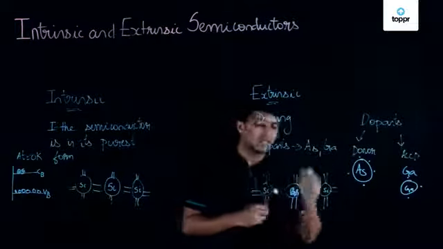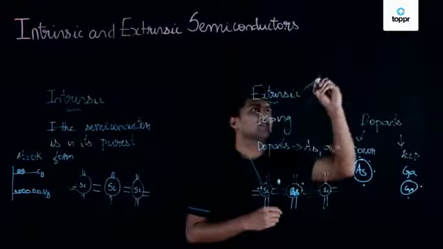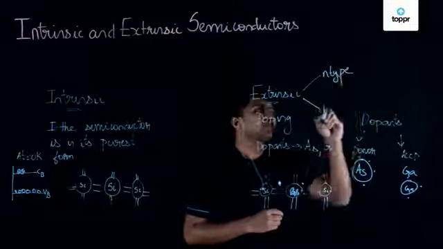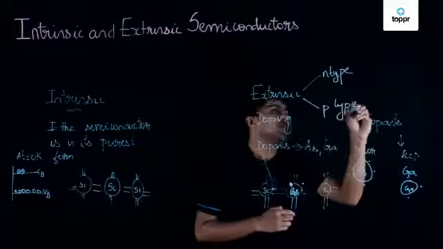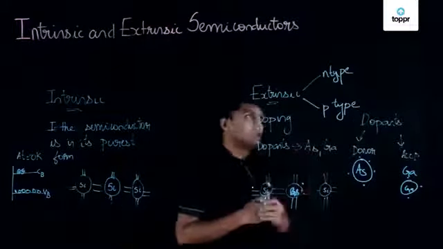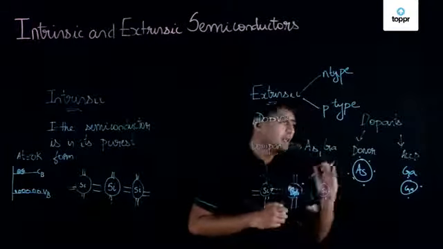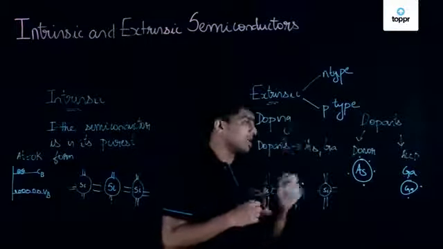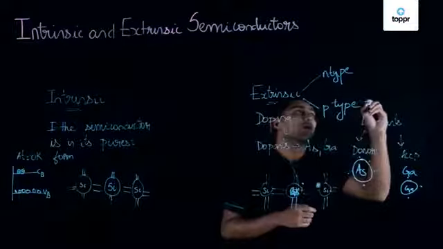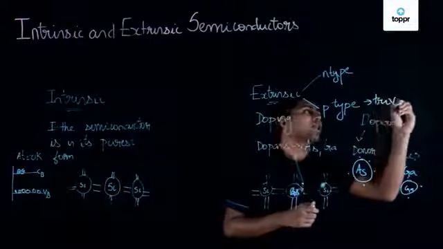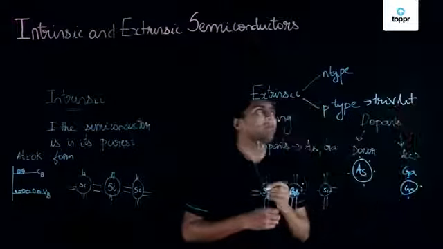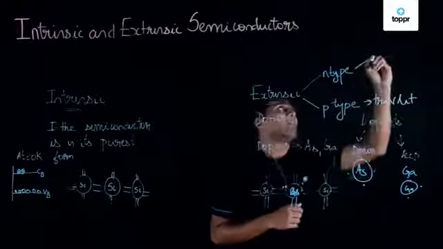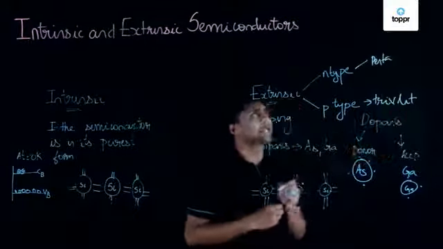Based on this, extrinsic semiconductors are mainly classified into N-type semiconductor as well as P-type semiconductor. N-type and P-type are determined by the material with which we are doping. If we are doping a semiconductor with a trivalent impurity, then it will be P-type, and if we are doping it with a pentavalent impurity, then it will be N-type.